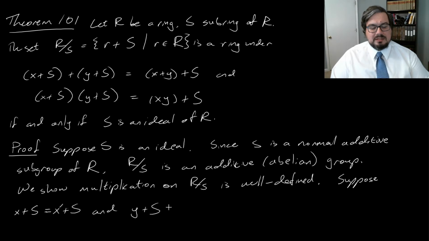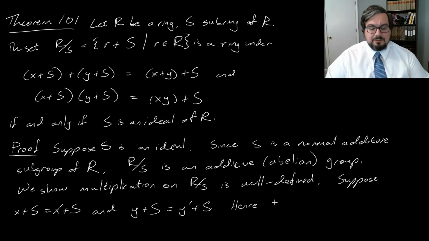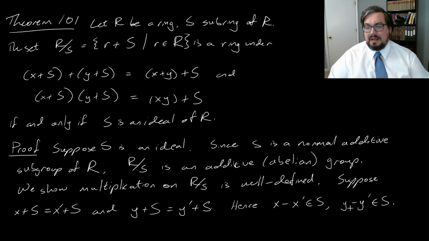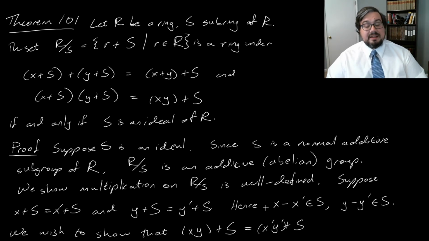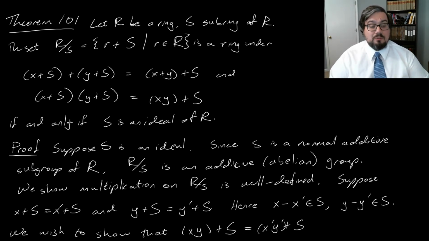And we also have that Y plus S is equal to Y prime plus S. Now, because of the note that we mentioned before, this means that X minus X prime belongs to S and Y minus Y prime belongs to S. And we wish to show that no matter what representatives you choose, if I choose X and Y and apply them to this formula, we'll get XY plus S, and if we use X prime and Y prime, we'll get X prime Y prime plus S. We want to show that we get the same thing, that the precise representatives we choose for the cosets don't change the output of the multiplication.